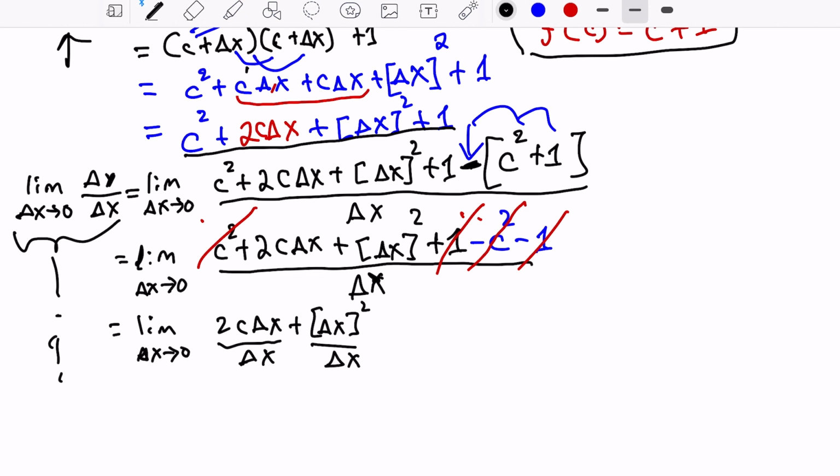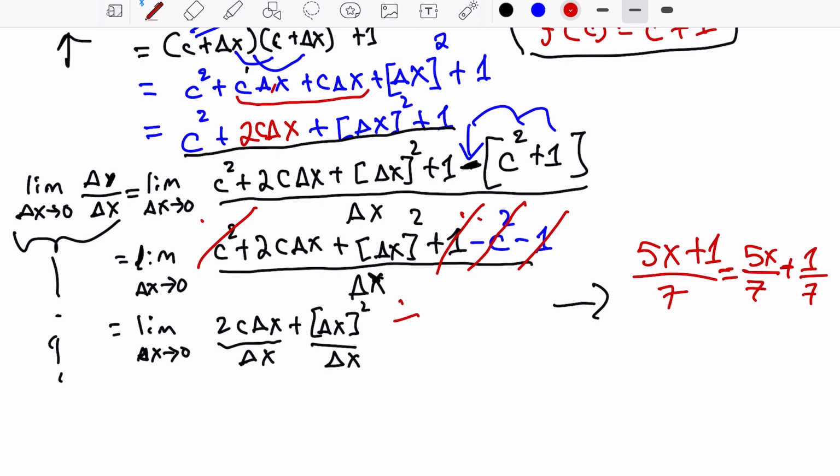This is more or less like when you have, for instance, 5x plus 1 all over, maybe 7. This can be split into 5x over 7 plus 1 over 7. So that's technically what I did here.